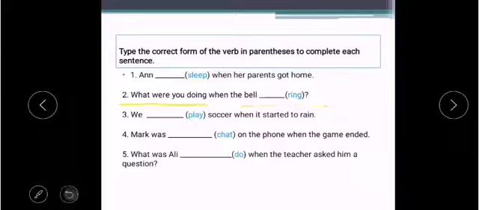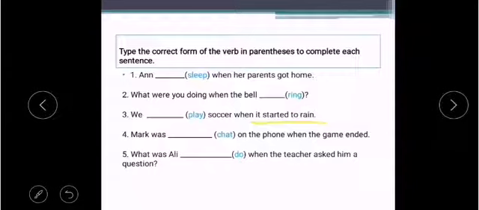Okay, what were you doing when the bell rang? We blank play soccer when it started to rain. Started to rain هاي simple past، فبدنا past continuous. We بتاخد was or were؟ بما انها plural جمع we were.